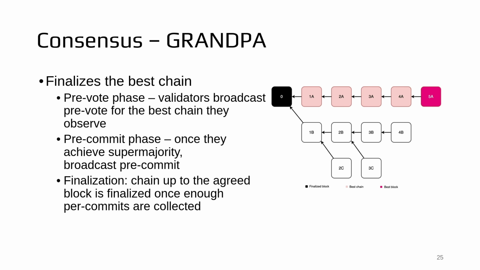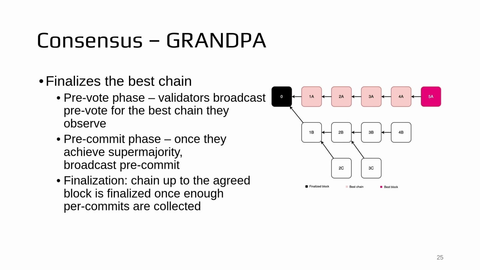And so once a supermajority is achieved, then the nodes broadcast a pre-commit to the network. Now, once a supermajority of pre-commits is achieved for a chain, then and only then finalization occurs, and the chain is finalized up until the agreed upon block.